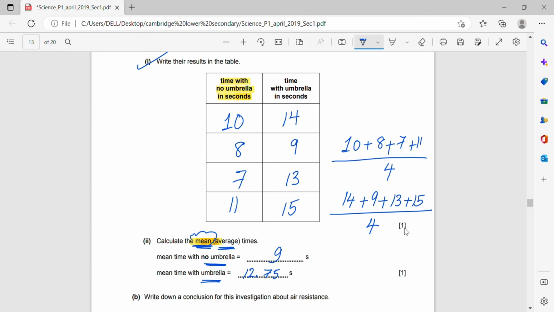Why more time to run? Because there was more air resistance. And the greater the air resistance, the more time they take to run. So this is our conclusion.